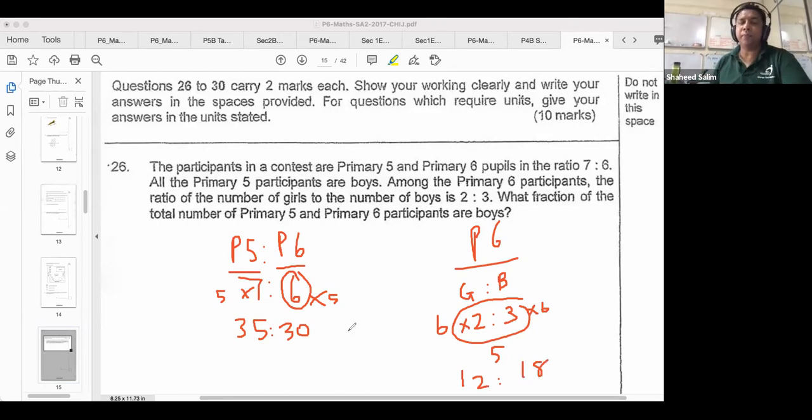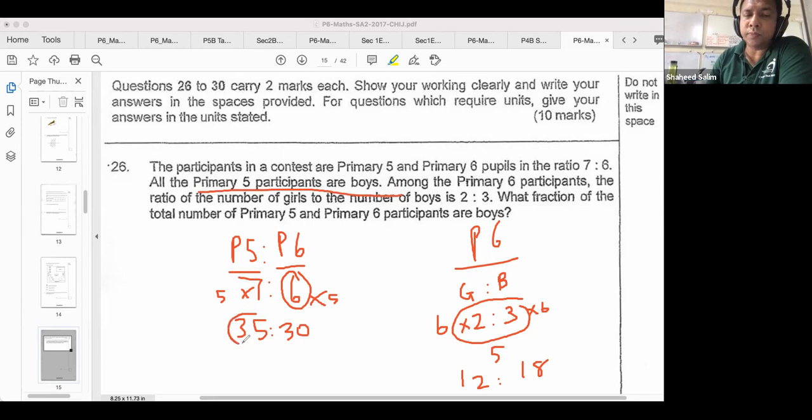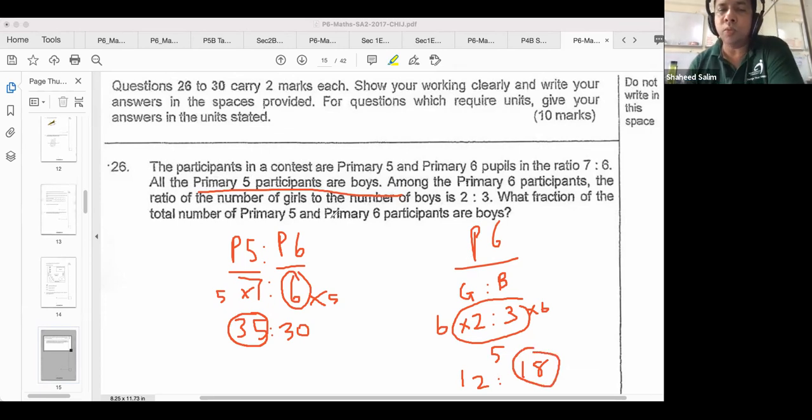Now you can. First of all, notice that all in primary 5 are boys. This whole thing is boys. The boys on here is 18 units. So they want to know what fraction of the total number are boys. So boys is 35 plus 18.